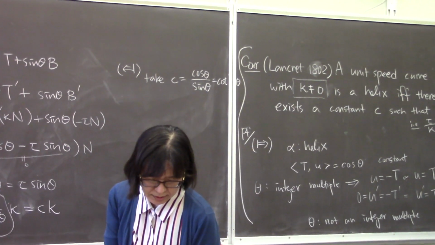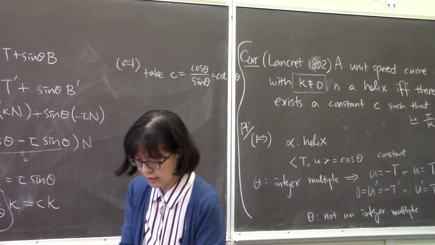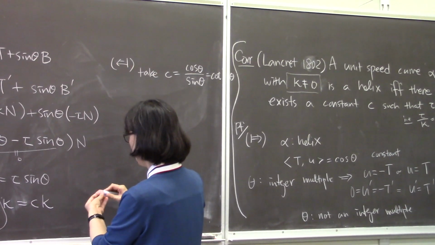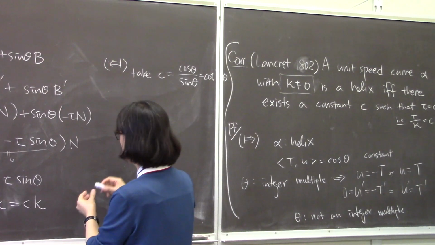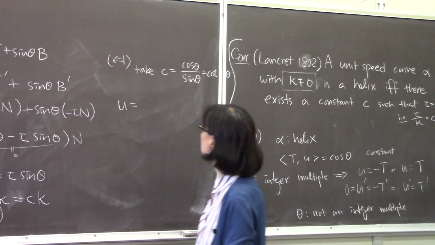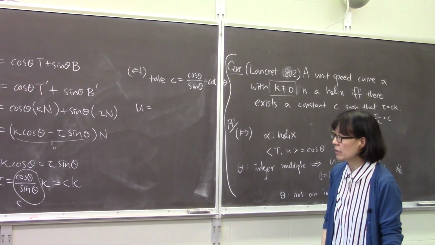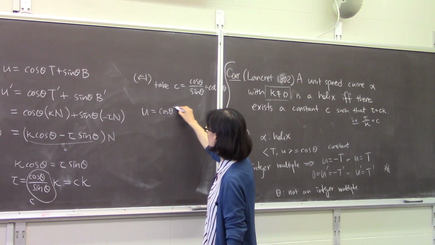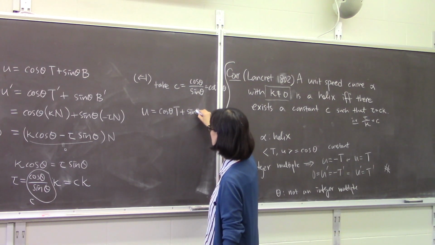Then take and choose u the same way. Choose u to be cosine theta t plus sine theta b.